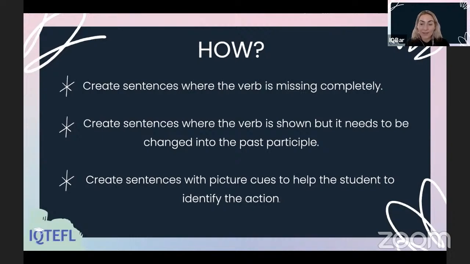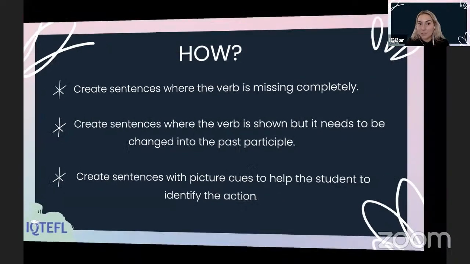This is more targeted towards our visual learners, and it can help with overall understanding, because if you have that visual image right there, it doesn't matter what language you speak, you will be able to understand what is being represented. So this could help our lower level students have a better comprehension and grasp what needs to happen in the structure and in the actual activity.